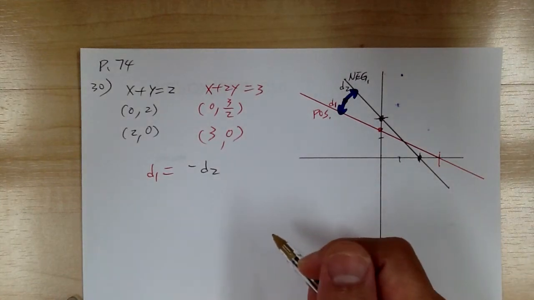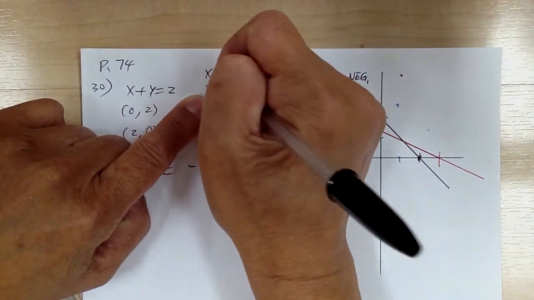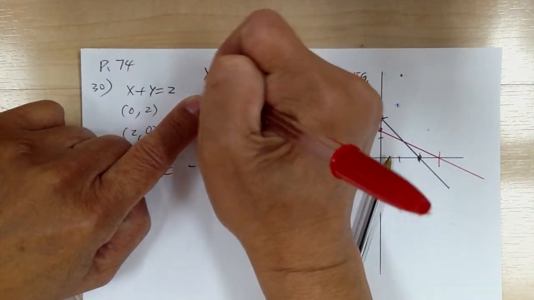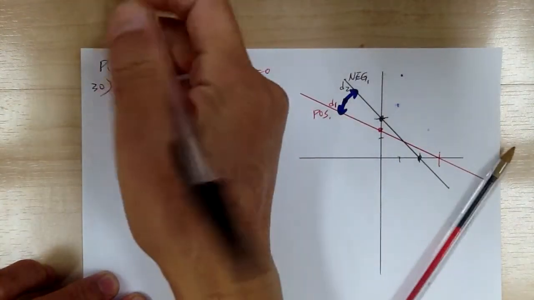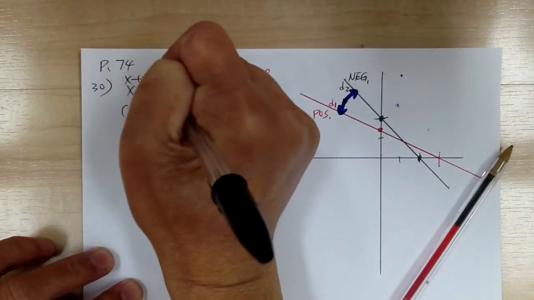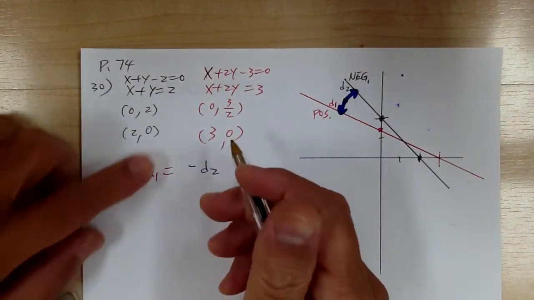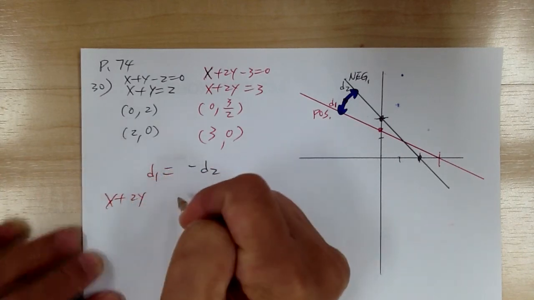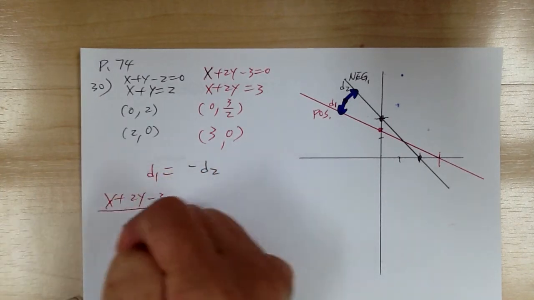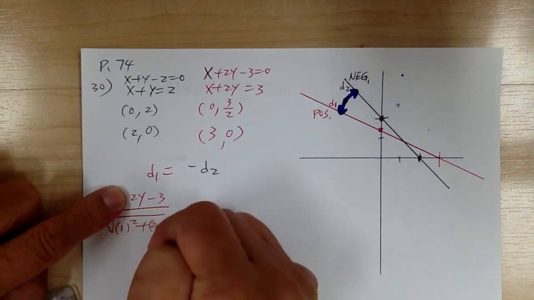Okay, so now you go and use your equation. But again, you want to put in the general form. So your general form would be x plus 2y minus 3 equal to 0. And this one, your general form would be x plus y minus 2 equal to 0. Okay, so get your general form. So D1, use that. So you're going to get x plus 2y minus 3 over square root of 1 square plus 2 square.